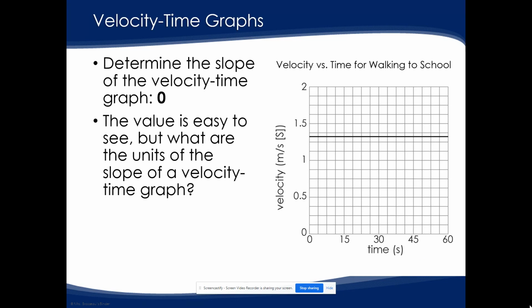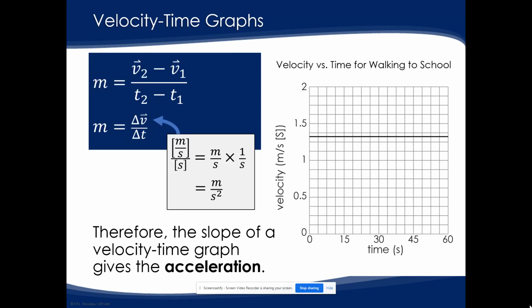So now, while the value is easy to see, what are the units of the slope on a velocity and time graph? Our slope is y2 minus y1 over x2 minus x1.